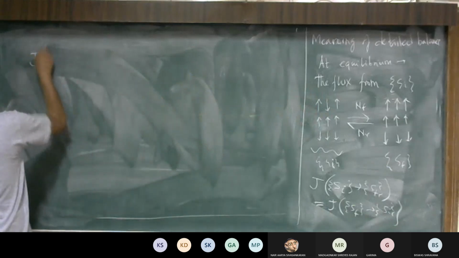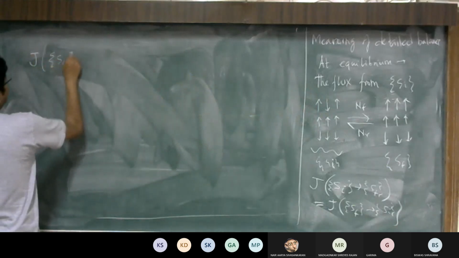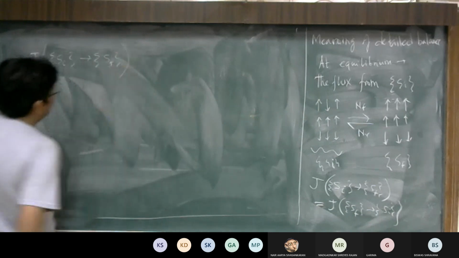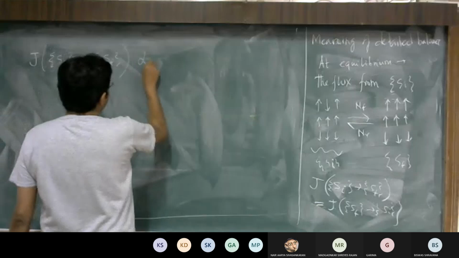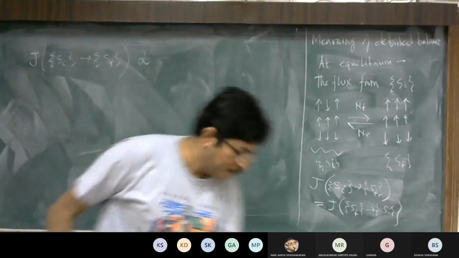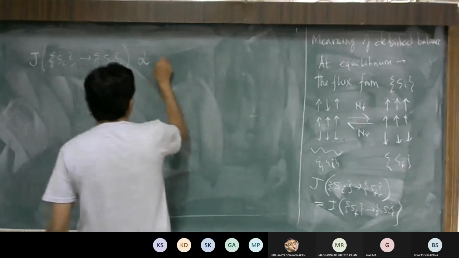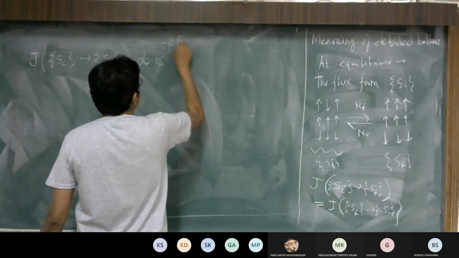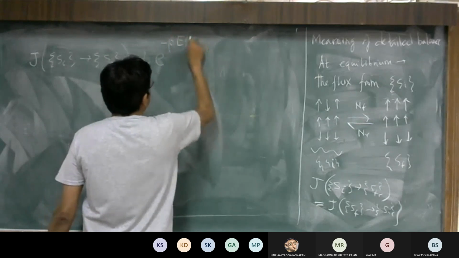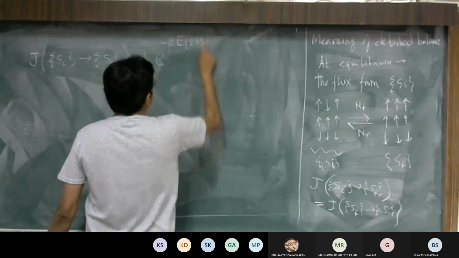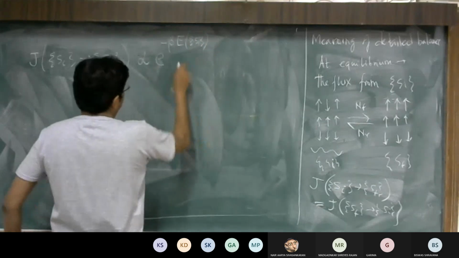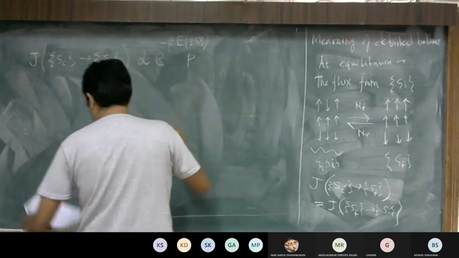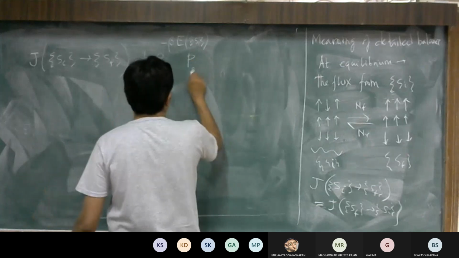So how do I estimate this? If I want to write down the current from SI, any configuration, to the other configuration, clearly this quantity would be proportional to e to the power of minus beta E of SI. I'll write all of them, then I'll explain the terms. Let me use the notation.